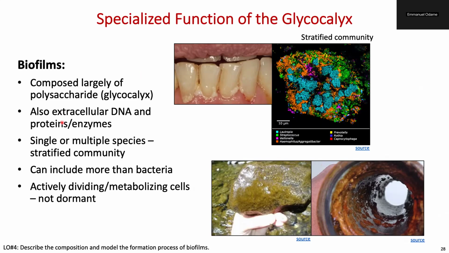So biofilm is basically composed largely of polysaccharides, which is glycocalyx itself, and they also have extracellular DNA, proteins and sometimes enzymes. These can be present in both single and multicellular species, and they can include more than one bacteria.